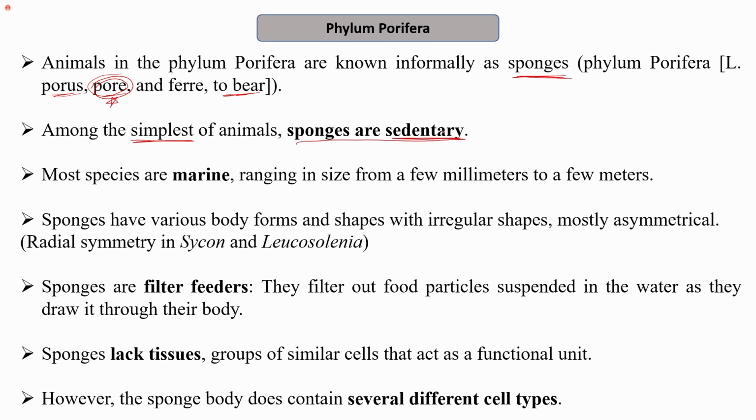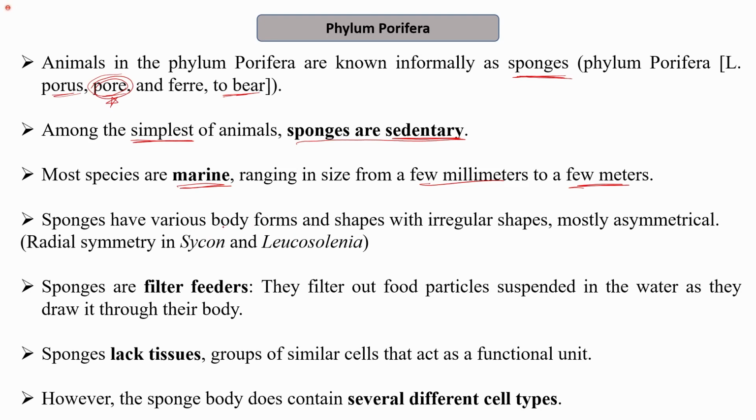Sedentary means they cannot move, so they are not mobile, they are sessile or sedentary, and most species are marine. So mostly they live in marine water, ranging in size from a few millimeters to a few meters. So these are the basic characteristics: they are the simplest form of animals, they are sedentary, most of them are marine, and their size ranges from a few millimeters to a few meters.